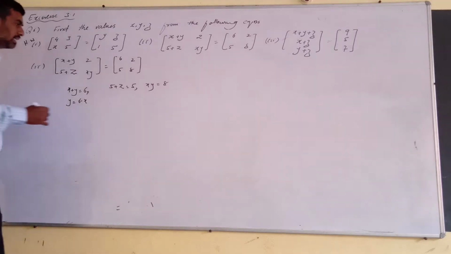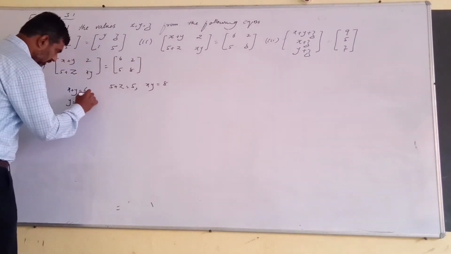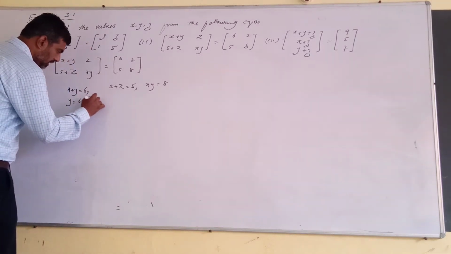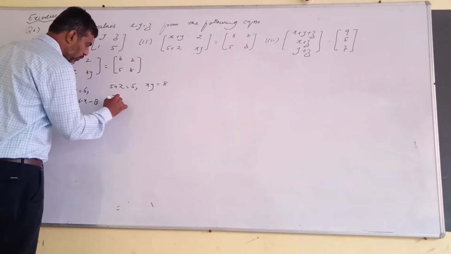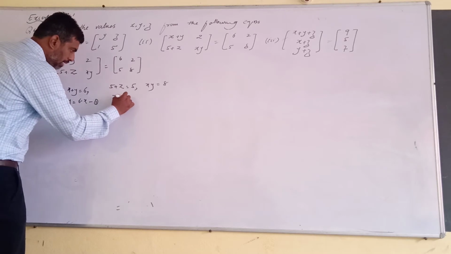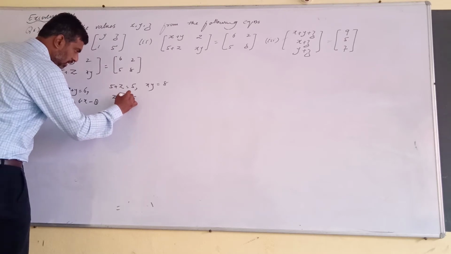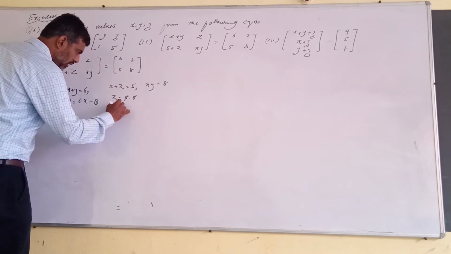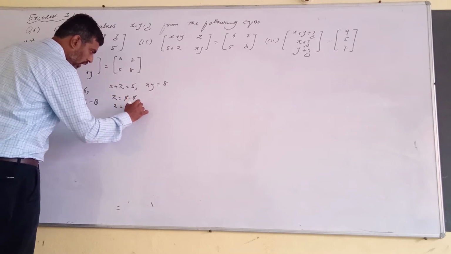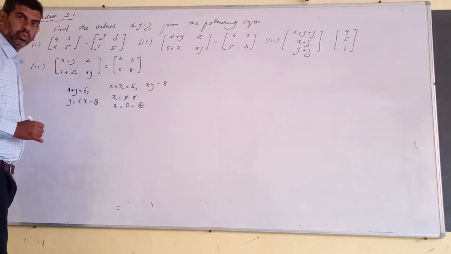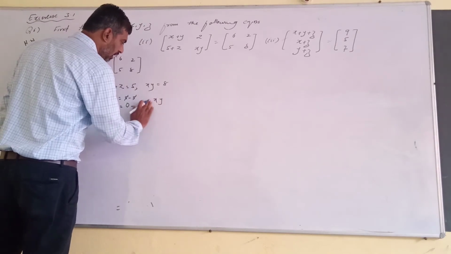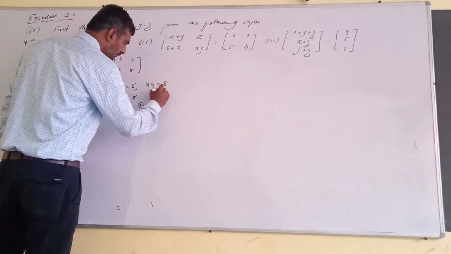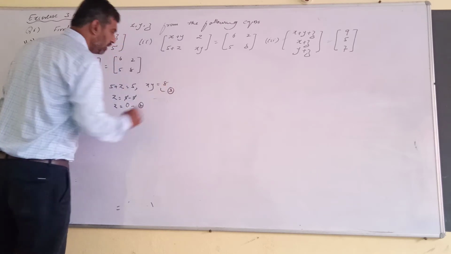Suppose this is equation number 1. Z is equal to 5 minus 5, which cancels. So z is equal to 0. Equation number 2. Now x y is equal to 8. We cannot simplify this, so I will take this as equation number 3.